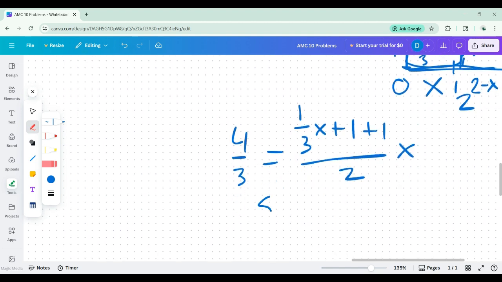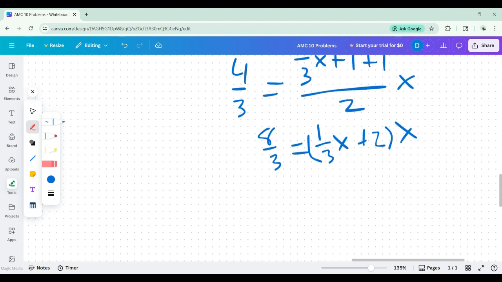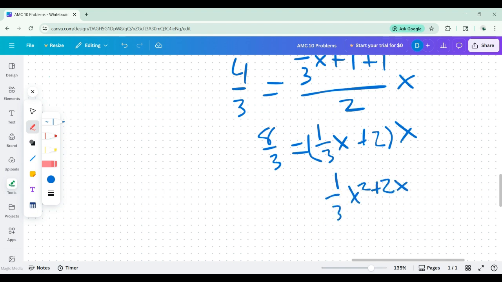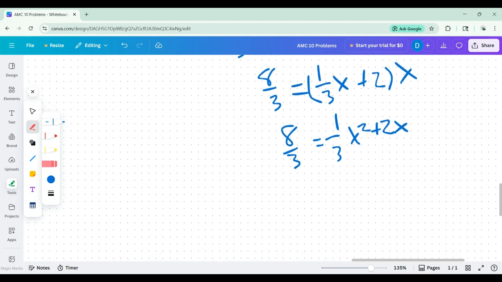We multiply by 2, we have 8 thirds is equal to 1/3 x plus 2 times x. And then we can just expand first. So we have this equal 8 thirds. And then we can multiply by 3 on all sides. So we have this equation.